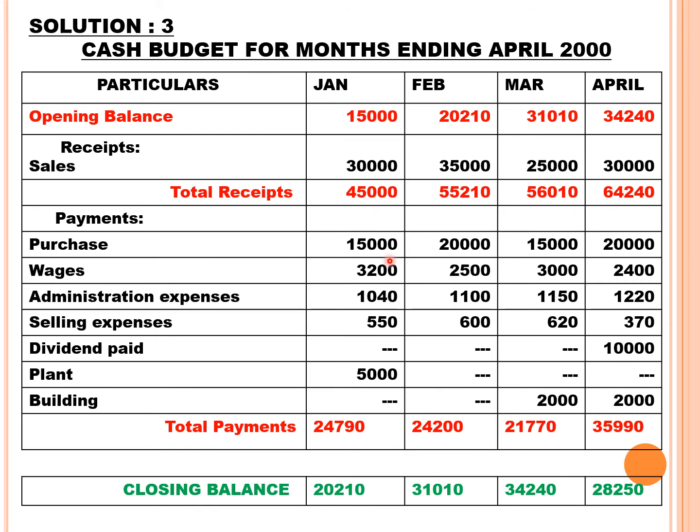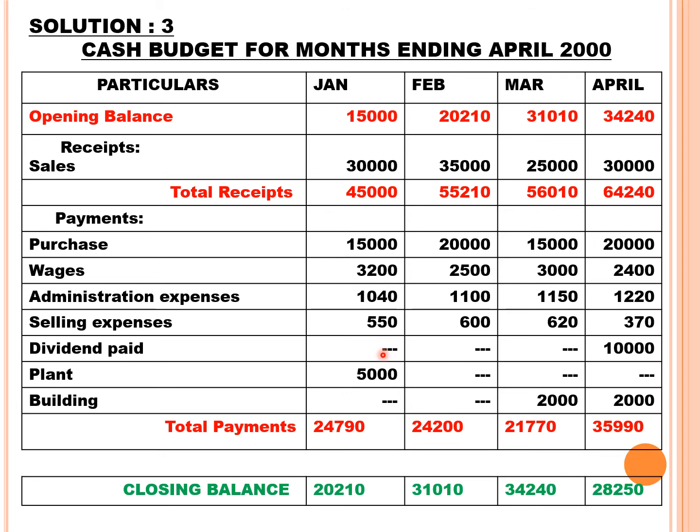Then purchases, delay in payment of purchases 2 months. So November purchase you make a payment in Jan. Next, wages, administration expenses, and selling expenses. All the three are expenses that belong to the month of December. So December wages are paid in Jan. Then dividends are not paid in the month of Jan.